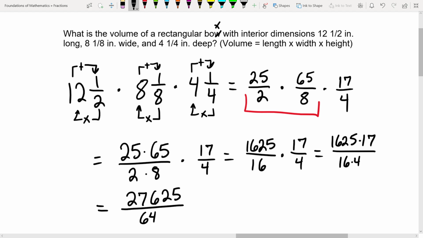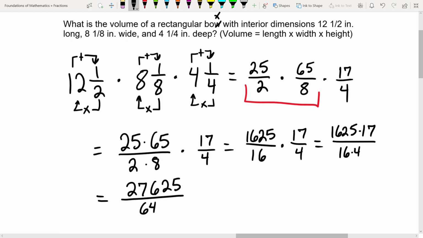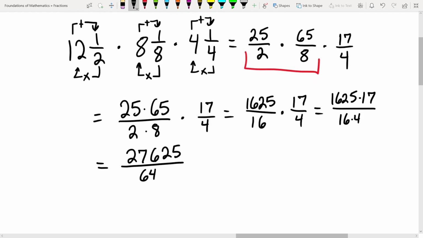Because this is an application problem and we were given mixed numbers to start with, I'm going to end up with mixed numbers in the end. Okay, that's my idea here. What I want to do is figure out how many times can 64 go into 27,625. I don't know it off the top of my head.